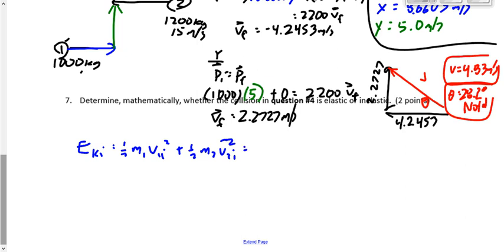It doesn't matter whether we're east and west, like in question 4, or whether we're north and south, east and west, like we are in question number 5, or in question number 6 for that matter, whether we're at 30 degrees north of east. It doesn't matter about the direction, because kinetic energy and speed are scalar. Right?